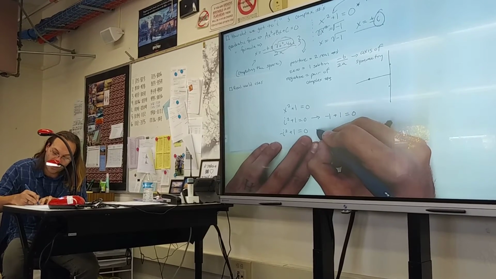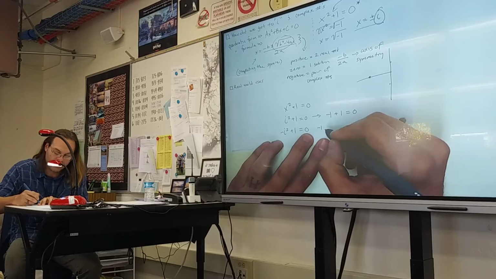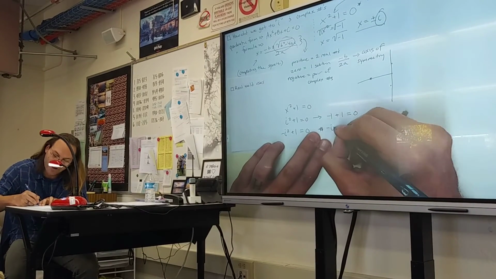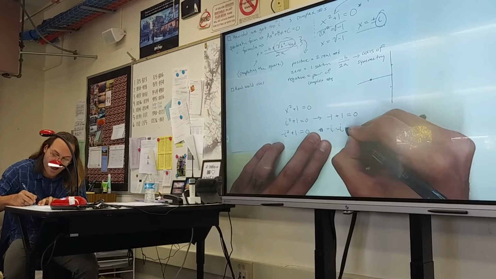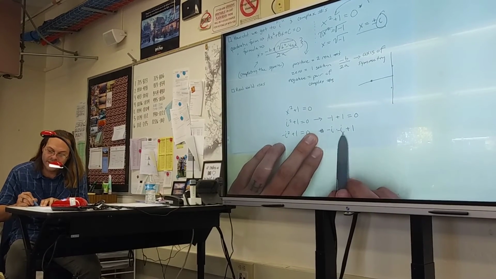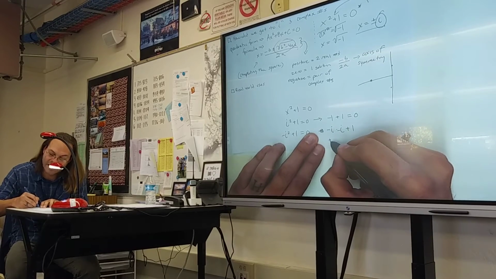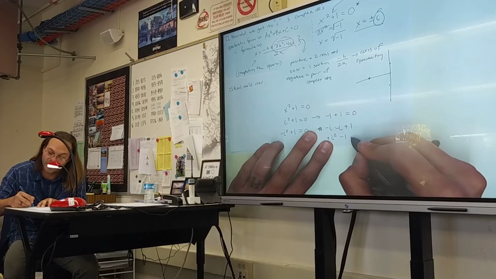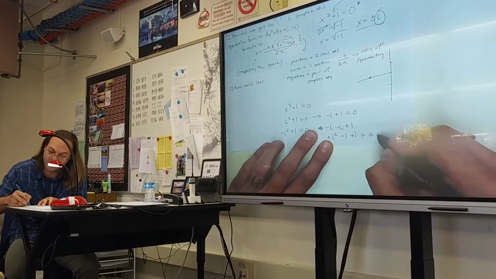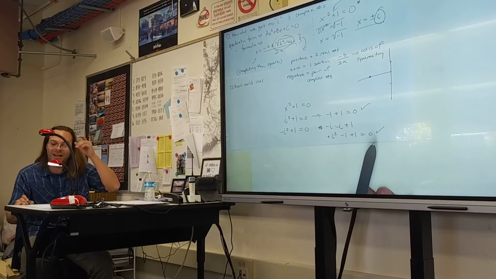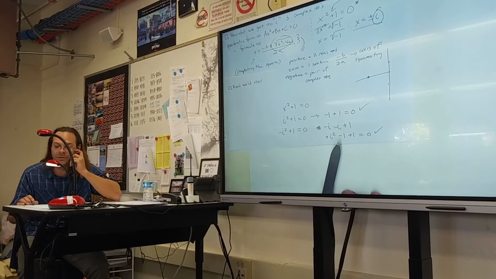Negative i squared would be negative 1, or excuse me, negative i times negative i, plus 1. These end up giving us what? A positive i squared again, which is still what we talked about, negative 1 plus 1 equals 0. So both of these things end up checking out. That's how we end up getting to complex and imaginary numbers.